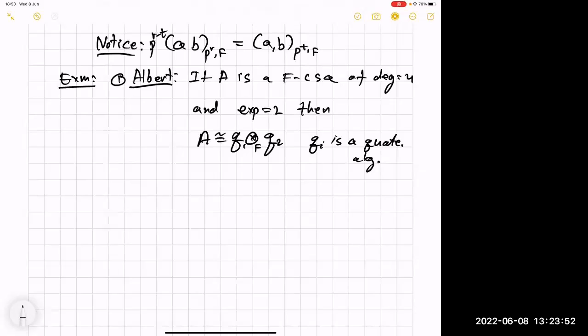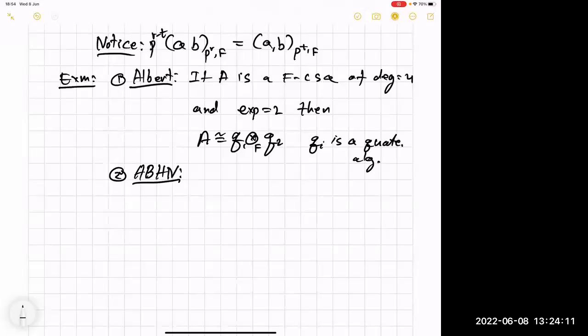The second one, which I don't think I can leave out, is the Albert-Brauer-Hasse-Noether theorem. This tells you what happens over number fields.